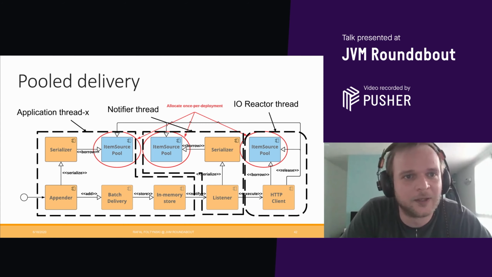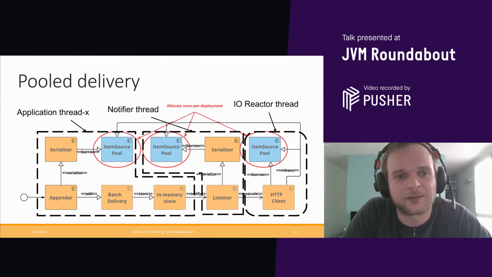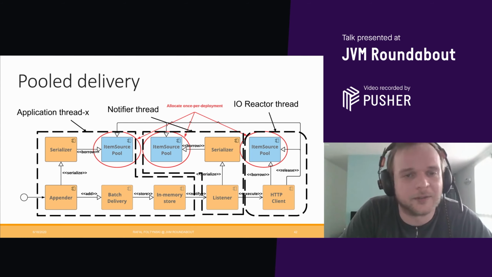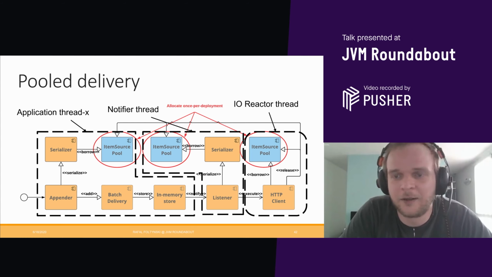In this example, you have application threads that would like to log something. Logs serialized to borrowed buffers will eventually land in some sort of in-memory store. Then the notifier thread will pick it up, borrow another buffer, and it's the HTTP client that will release all of these buffers back to the pool once the response is ready.